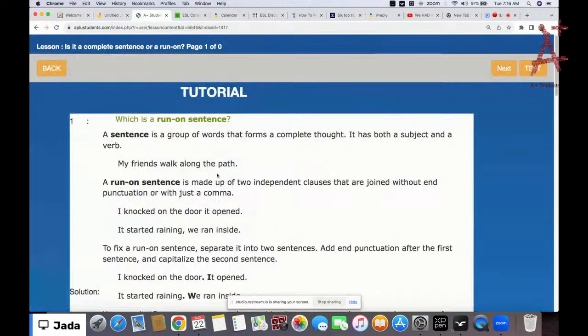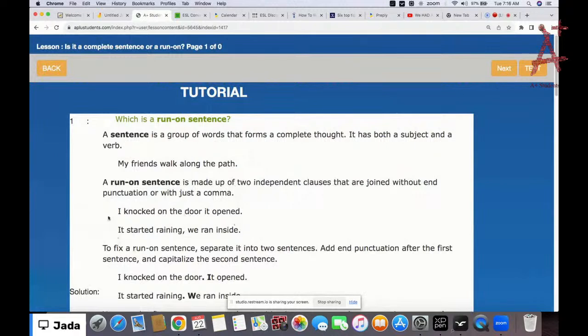So what is a run-on sentence? A run-on sentence is made up of two independent clauses that are joined without end punctuation or with just a comma. So they may not have end punctuation or they're just joined with a comma.